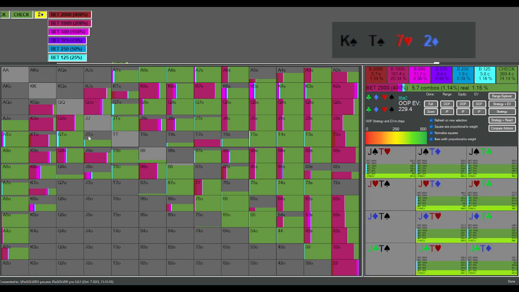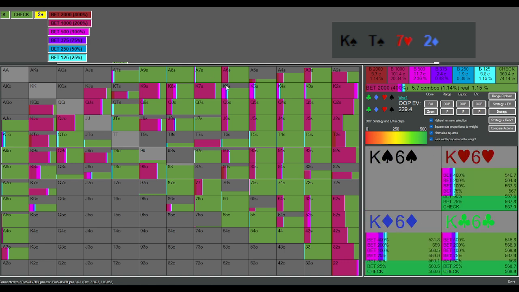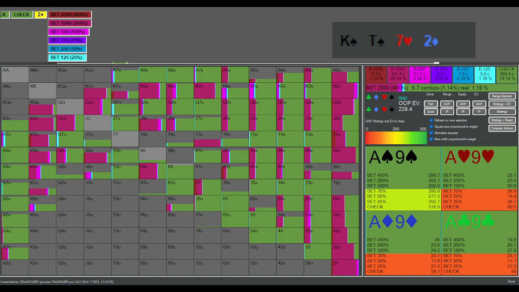And it's centered around, you know, king 8 plus is kind of the threshold here. Basically a king that can outdraw the king 7.